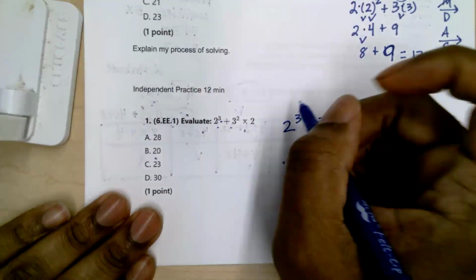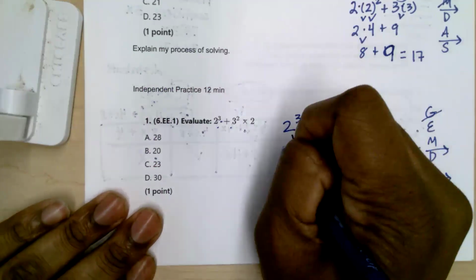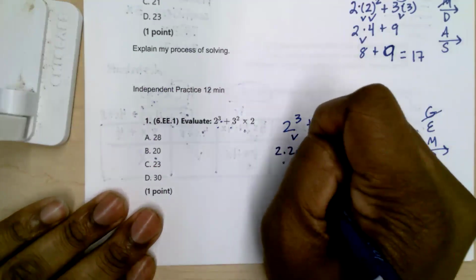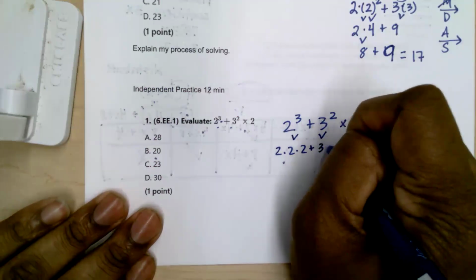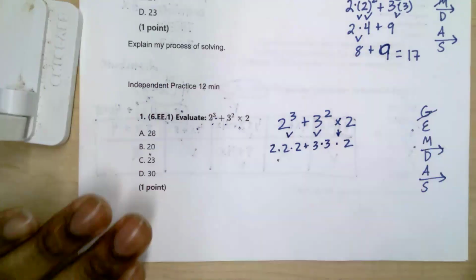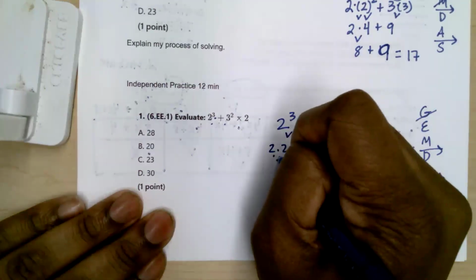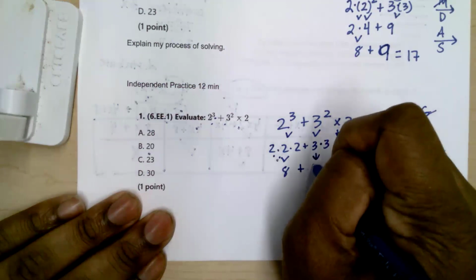Okay, so you have 2 to the third power, which is 2 times 2 times 2, plus 3 to the second power, 3 times 3, times 2. 2 times 2 is 4, 4 times 2 is 8, 8 plus 9 times 2.